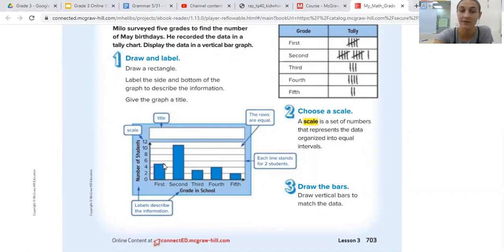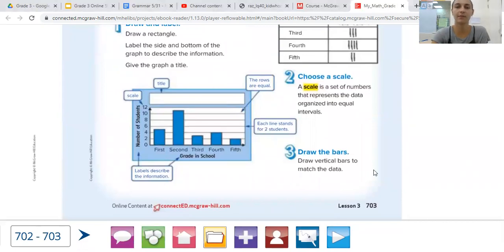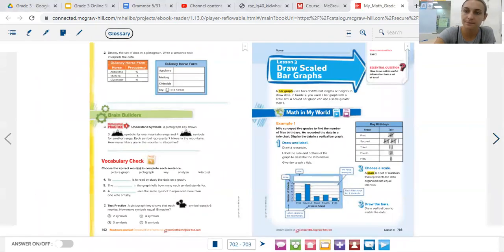That represents 5, that halfway point. And I can shade in my rectangle. Okay, you can use a ruler to draw your rectangles, or you can just freehand it. They don't need to be perfect, but you do need to be mindful of where it hits because that's showing the number. If it looks like it's at 6, then that's not correct. Okay. All right, let's look at a couple more examples.